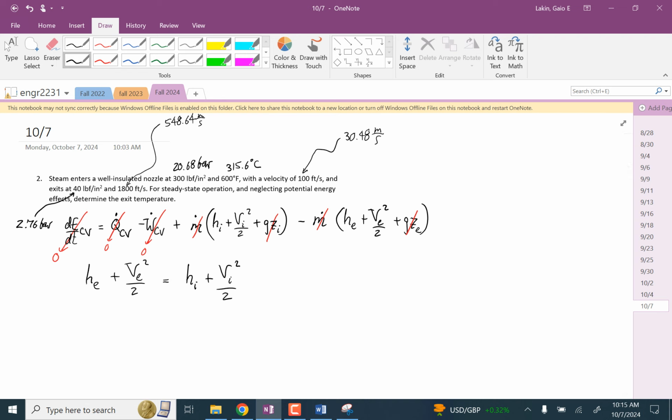And so the first thing we want to do is use the tables to look up steam. We want to find the enthalpy. So at state 1, we have a P1 of 20.68 bar and a temperature T1 of 315.6 Celsius.